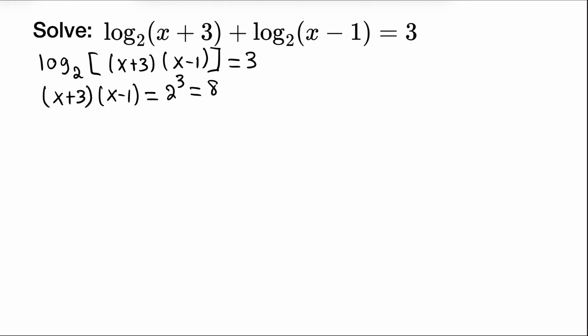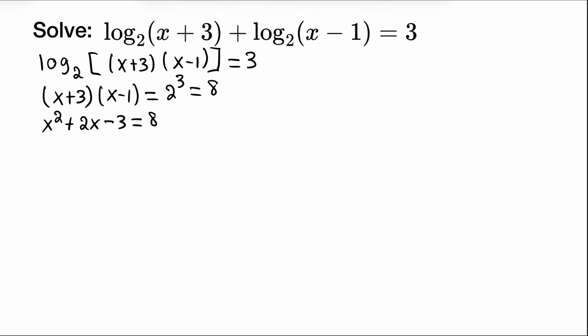And so the next thing we're going to do is expand and form a quadratic. So on the left side, we're going to expand x plus 3 times x minus 1. And so when we do that, it becomes x squared plus 2x minus 3, and set that equal to 8.